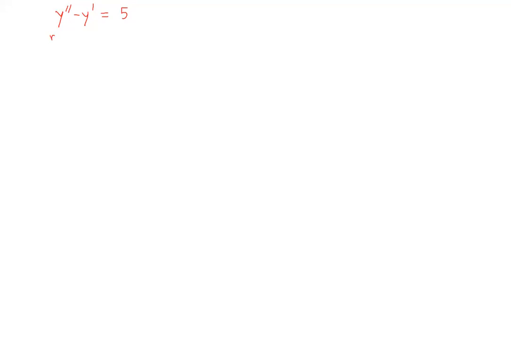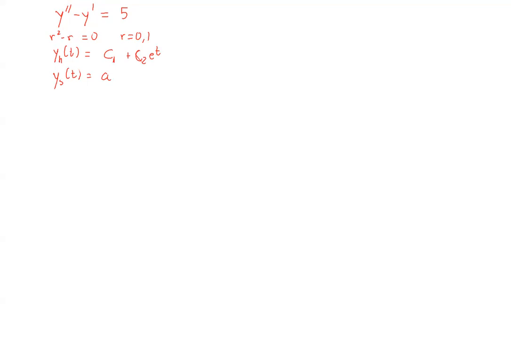So your homogeneous would be r squared minus r is equal to 0. You have that r is 0 and 1, which means that the general solution of the homogeneous is going to be C1 e to the 0 t, I'm omitting that, plus C2 e to the t, right? And now you would say that the special solution, according to what we have said so far, would be just A. Why A?